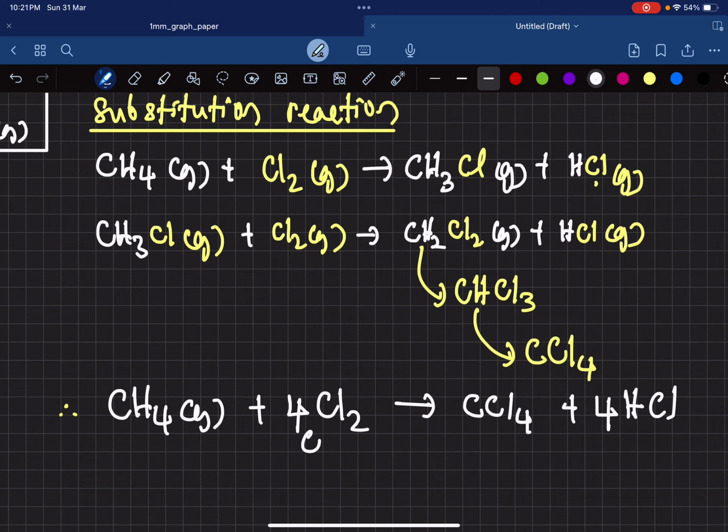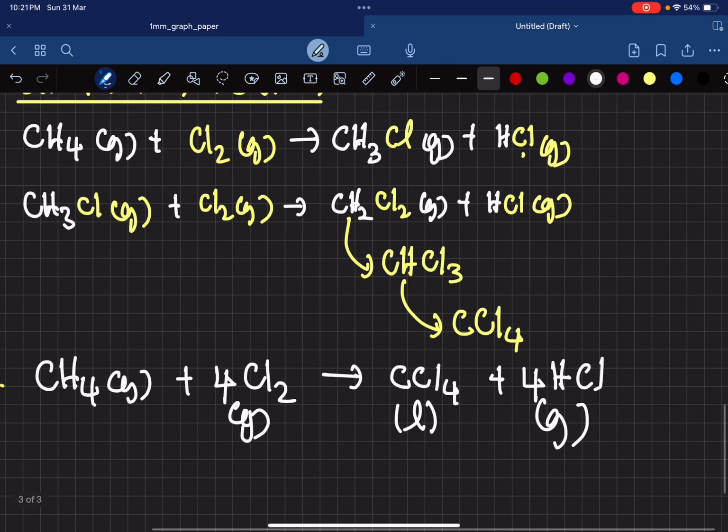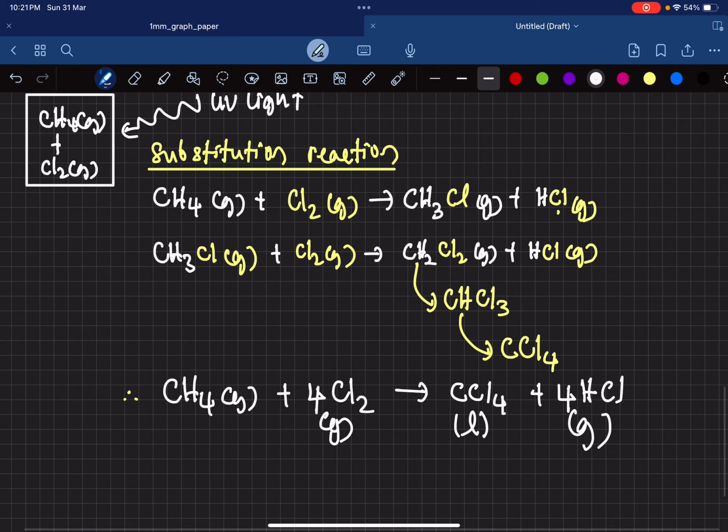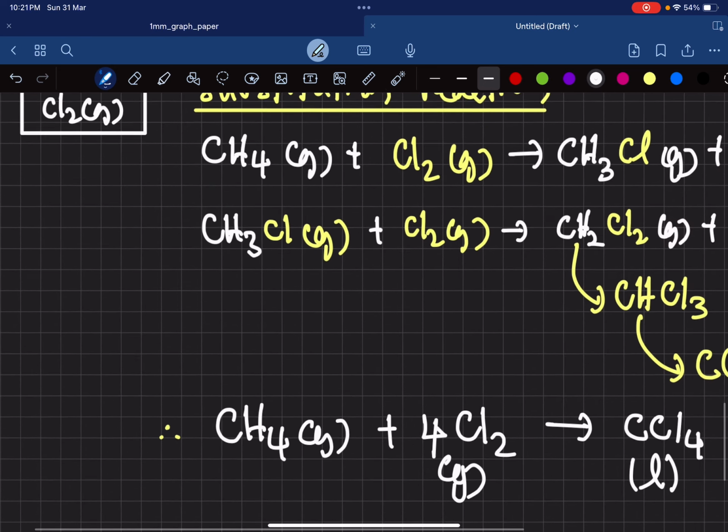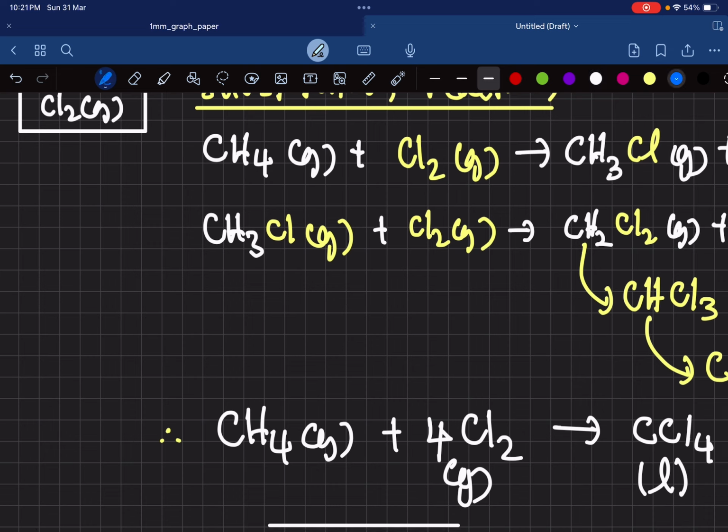All right, tetrachloromethane is actually a liquid. You may not need to know this. This is what happens. So this is called substitution. So whenever alkanes undergo reactions like this, they undergo substitution where every single hydrogen gets substituted. All right, so chlorine, bromine, iodine.